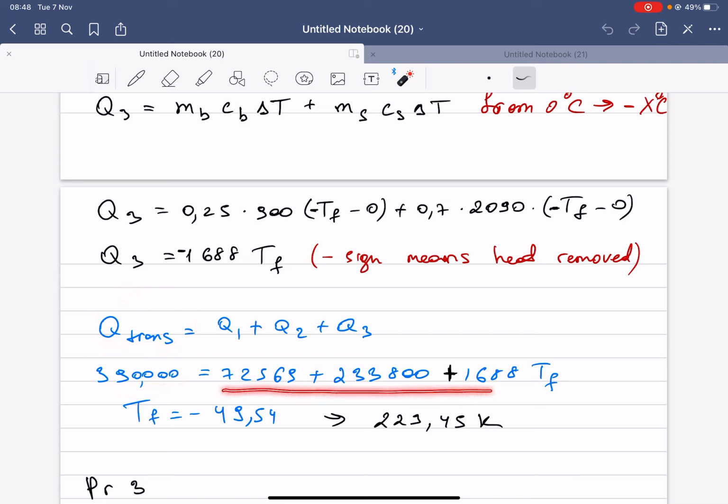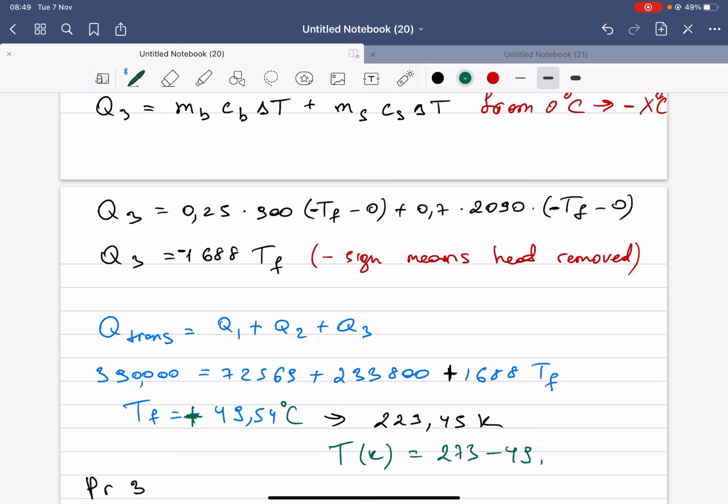You put in all these things and T final, and you get a positive 49.53 degrees Celsius, but you know that it definitely should be negative. So when converting into Kelvin, it is 273 minus 49.54, which gives you this temperature in Kelvin.